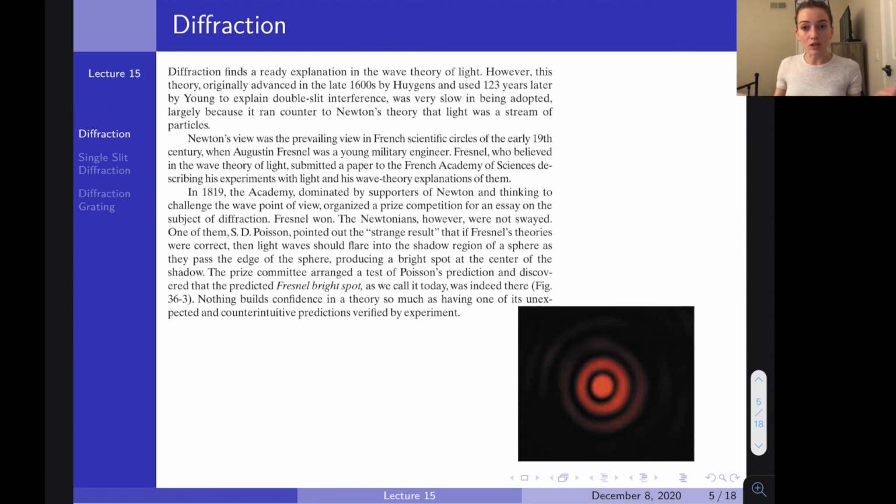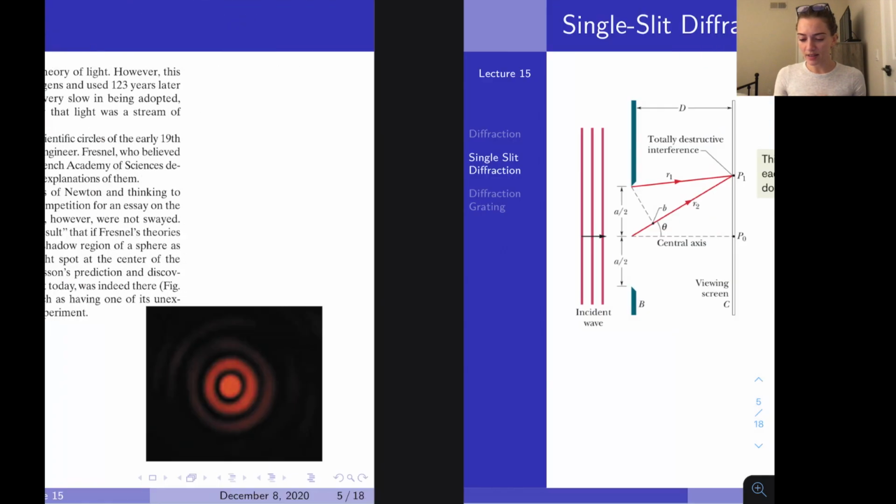So they decided, well, let's test it. This is science, so we can test it. They tested it, and it turned out that Fresnel was right, and you did actually see this weird little bright spot in the shadow of a small sphere. So this is a good example of science working the way it's supposed to. So, okay, let's move on.